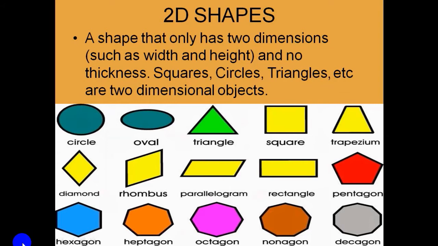Like you see over here, some 2D shapes: circle, oval, triangle, square, trapezium, diamond, rhombus, parallelogram, rectangle, pentagon, hexagon, heptagon, octagon, nonagon, and decagon.